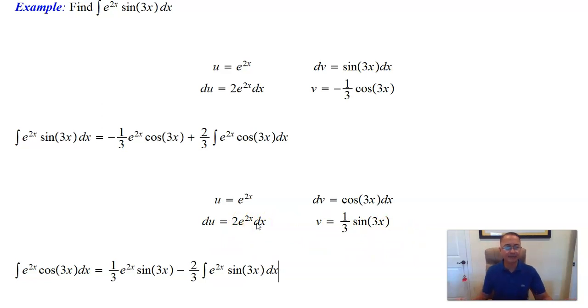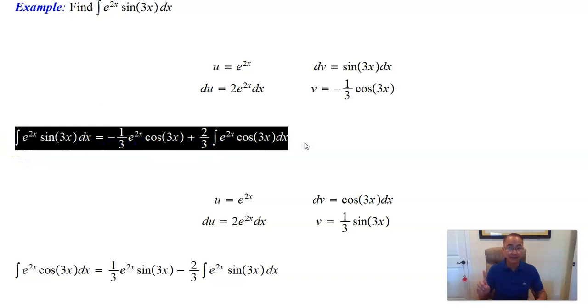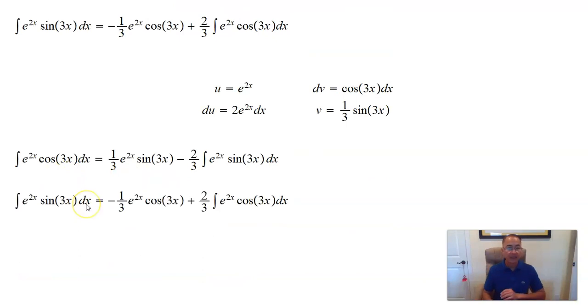So something funny is going on here, right? Let's look at the big picture. We want this, and in the first stage, first application of integration by parts, we got this for our answer. So let's copy that down here. In the second stage, we found this.